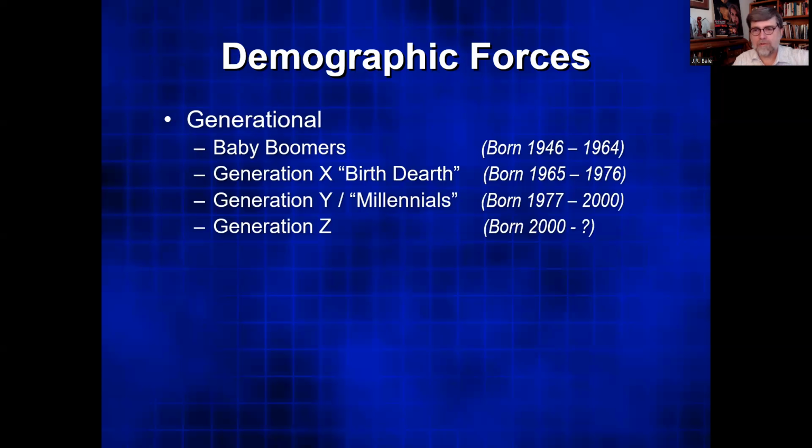When there's a natural disaster, let's say a huge forest fire, the surviving animals, and we are animals, start to increase their reproduction rate after a disaster. But what happens after that? Then it drops off, because there is a type of balancing out that goes on. So Generation X was a much smaller generation, and then after that they came up again, and this is called Generation Y, also known as millennials.